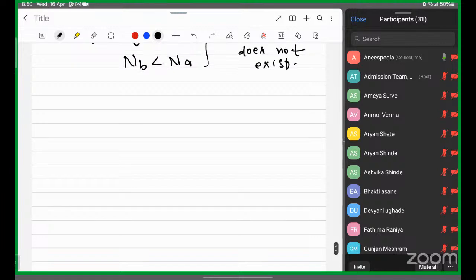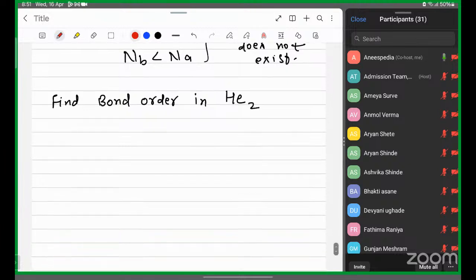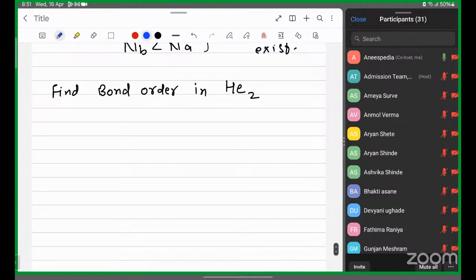A question will be like, find the bond order in helium molecule He2, or can helium exist in dimer form? Can helium form He2? So in this case, we have two helium atoms.